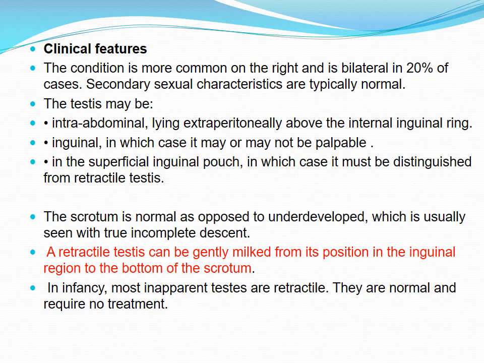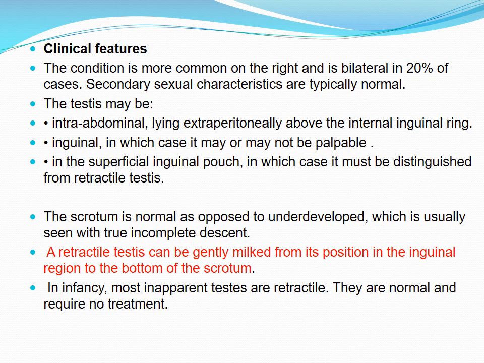And even if it is bilateral, secondary sexual characteristics are normal because the cells responsible for androgen are preserved. It mainly affects the germ cells for spermatogenesis, while the Leydig cells responsible for the hormones are preserved.